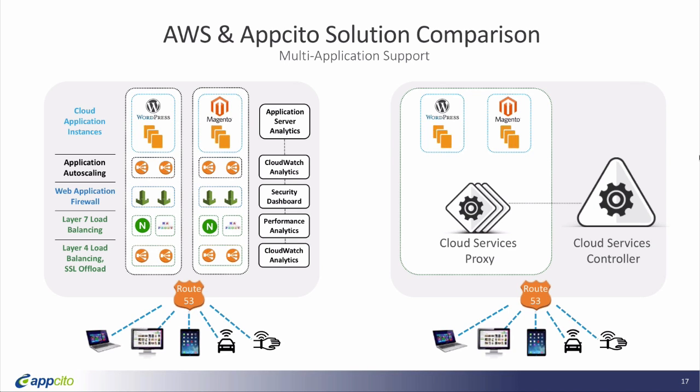How we accomplish that is how I mentioned earlier, that the Cloud Services Controller is a SaaS-based solution that can sit within Amazon. It can sit somewhere outside of Amazon. It's really how you want to control and manage the Cloud Service Proxies. And that allows you to have a single configuration that can be pushed to multiple proxies based upon the application nuance.